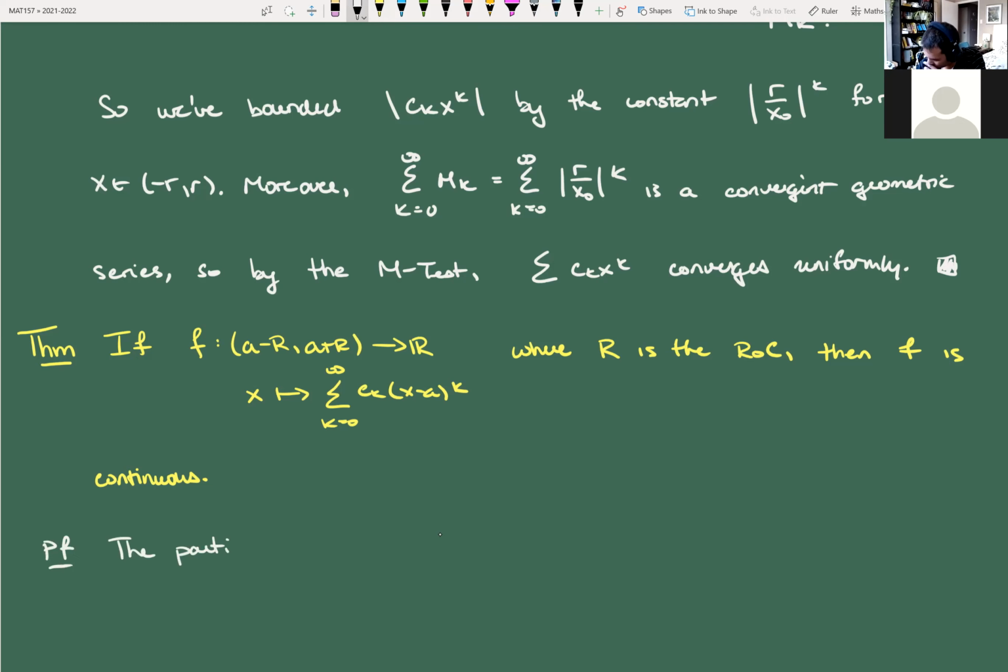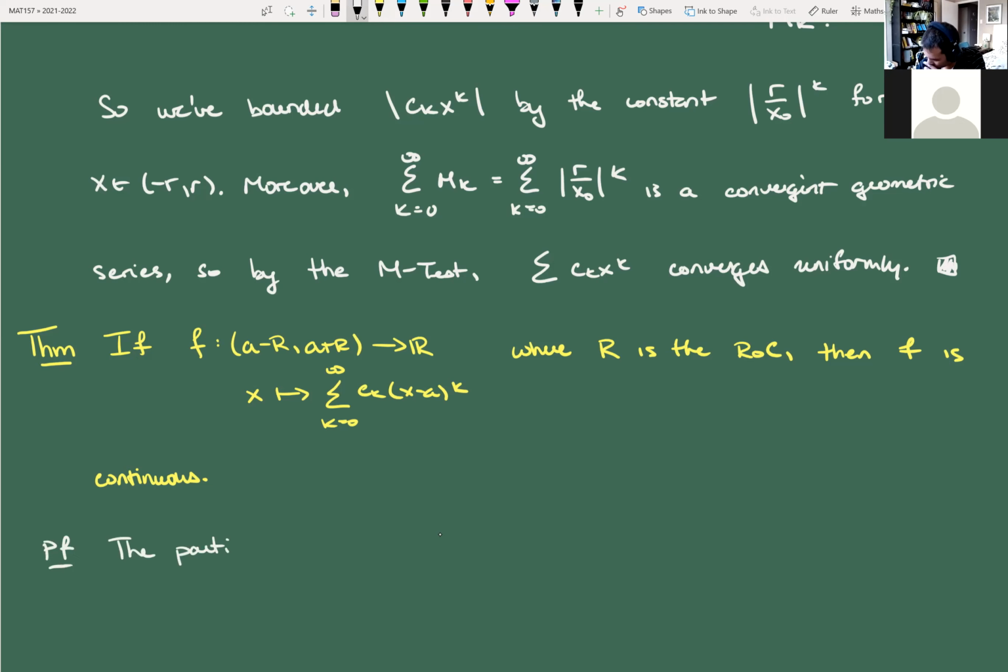Now we can't get boundedness from this, right? We know we can't, because sure, we'll be bounded on a minus little r to a plus big R. That's true. But as I change little r, I'm going to get different bounds, and in general those bounds could themselves be getting bigger.